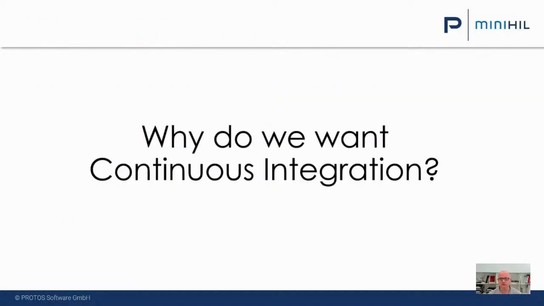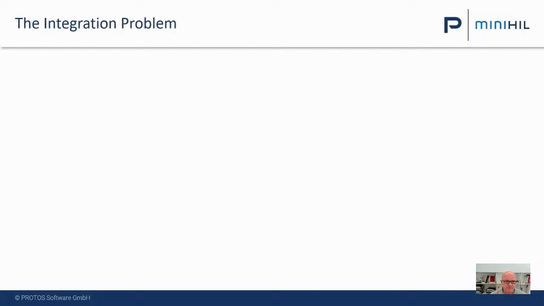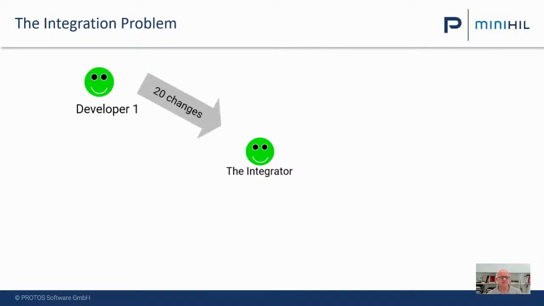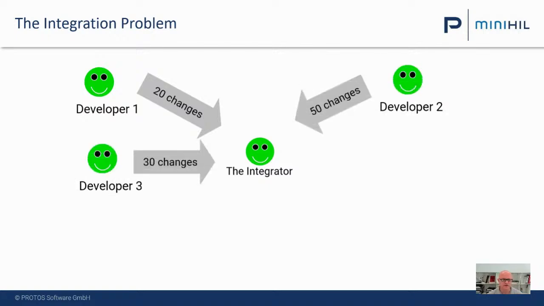So why do we want continuous integration? Let's have a look at the typical integration problem. So let's say we have an integrator. This can be a team, this can be one person, this can be a technical solution, whatever it is. And developers start to develop things. We have the first developer with 20 changes, then the next developer with 50 changes, 30 changes.